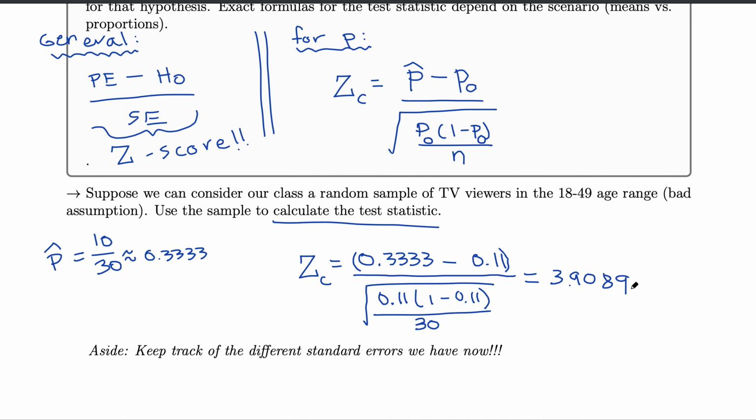All right, you guys have a history with z-scores. You have some intuition about this. This is telling me my data is almost 4 standard deviations away from the assumption, or a z-score of almost 4. Big z-score or not so big? Hopefully you're saying out loud to yourself, big z-score. So this is telling me that's like an outlier. If the null's true, my data is an extreme outlier.